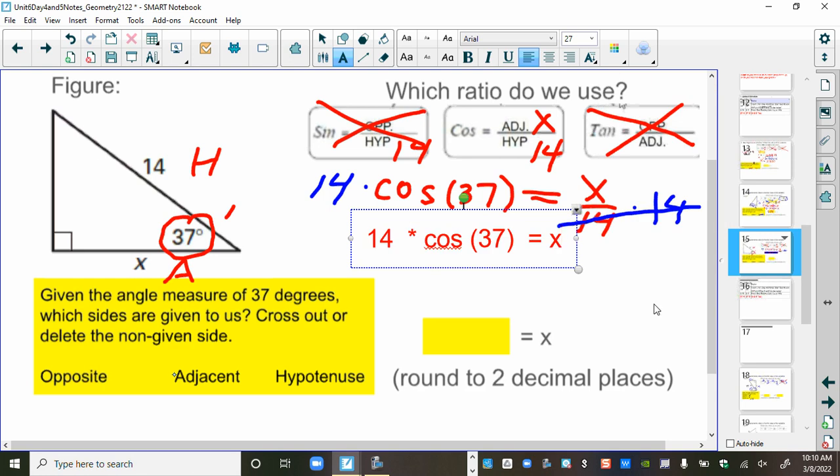Okay, now, what do we know about cosine of 37? That's actually a number. So, who could tell us what is the cosine of 37?